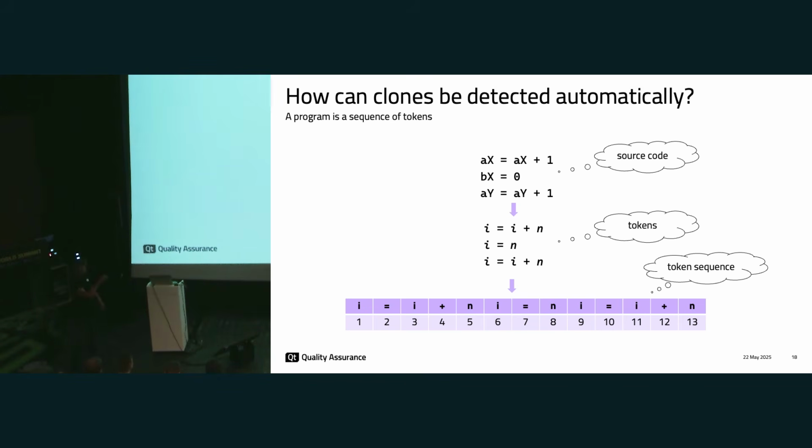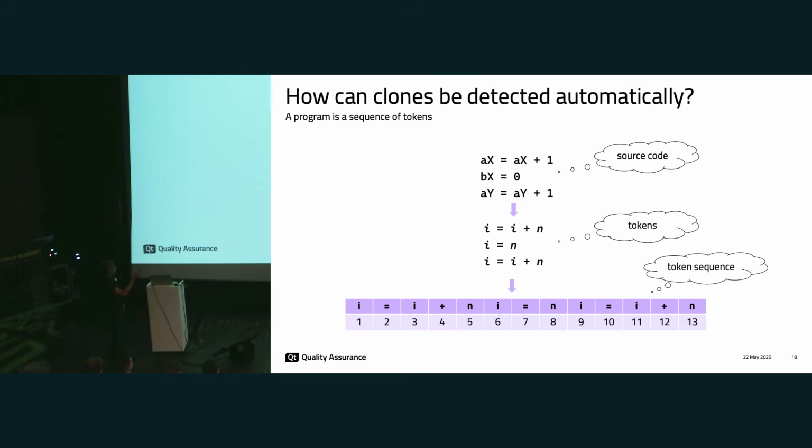So we take this here as an example of 3 statements. This could be a Python program. It's quite small, but it's small enough so it fits on my slide. And then the first step would be to tokenize it. In this step, identifiers are summarized into the same token type. So AX would be the textual occurrence of an identifier, and it would be replaced by a token ID, in this case. Then we have this symbol, that would be a single token.